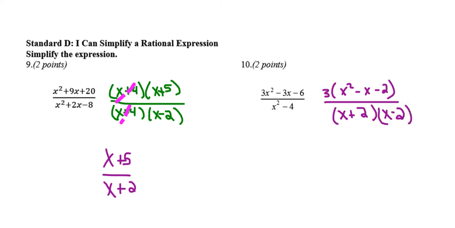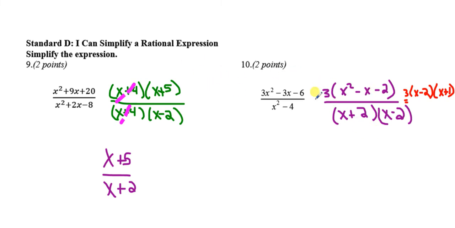And I'm going to just switch colors so I don't have to write that again. The top is going to be 3, and I'm going to try to write a little smaller. Two numbers that multiply and give me negative 2. Well, x minus 2 and x plus 1, because it's a negative x. Two numbers that multiply and give me negative 2 and add up to negative 1.